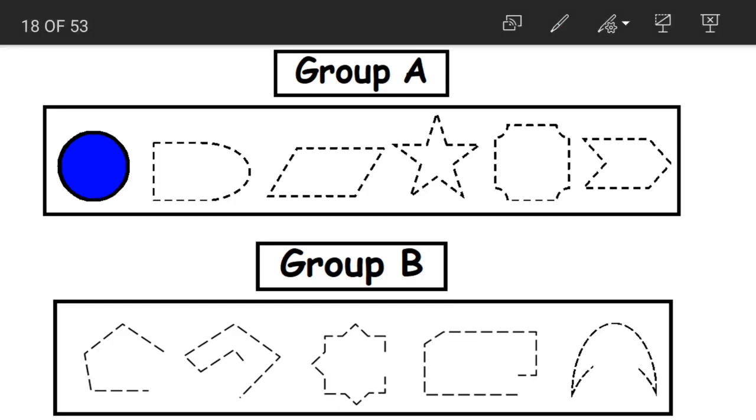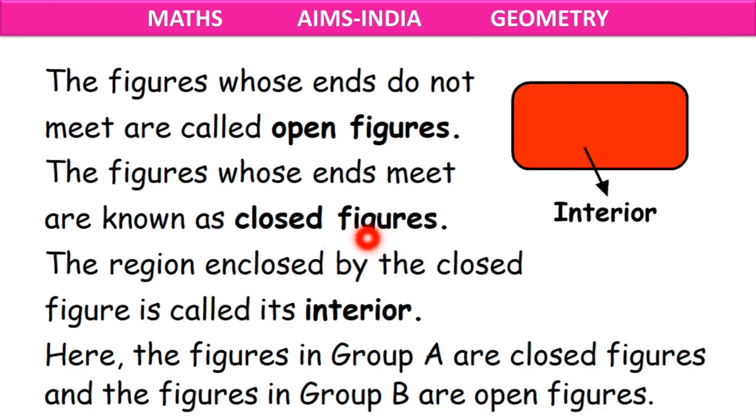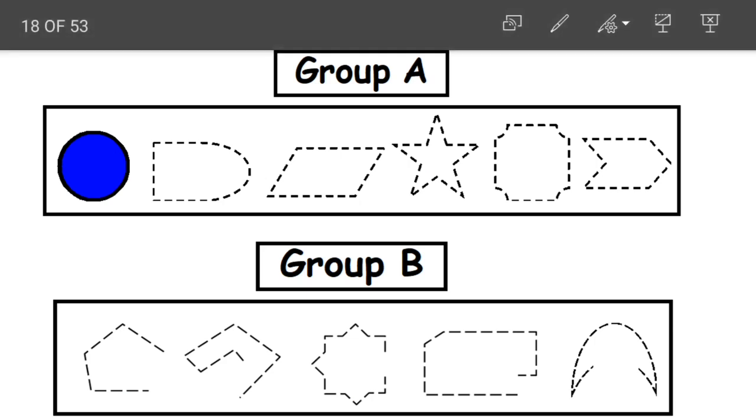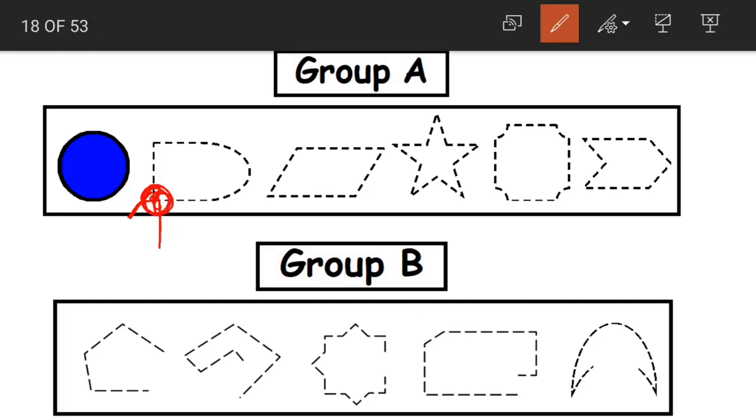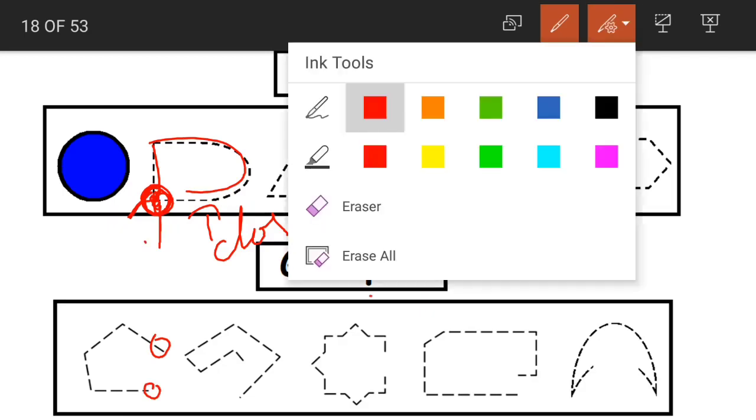Another way of understanding a closed figure is, the figures whose ends meet. Ends in the sense this is the starting point, this is the ending point. These 2 points are the same, they are meeting. So this will be called a closed figure.